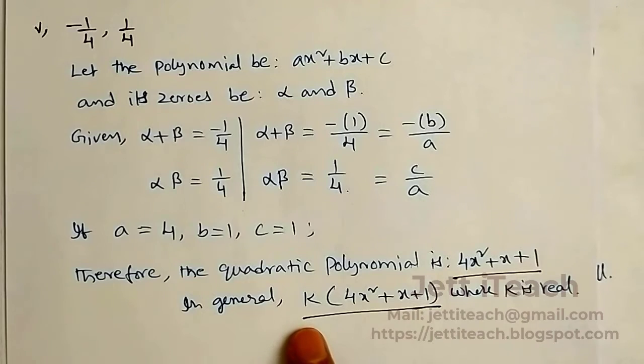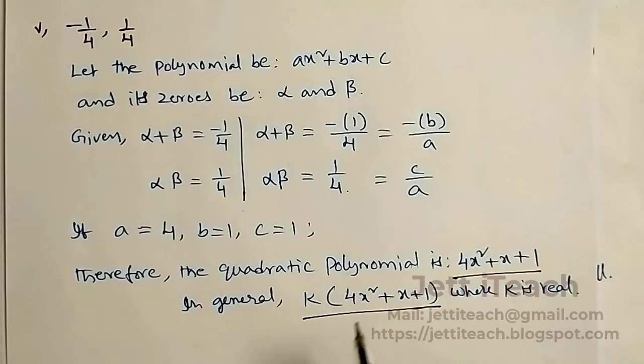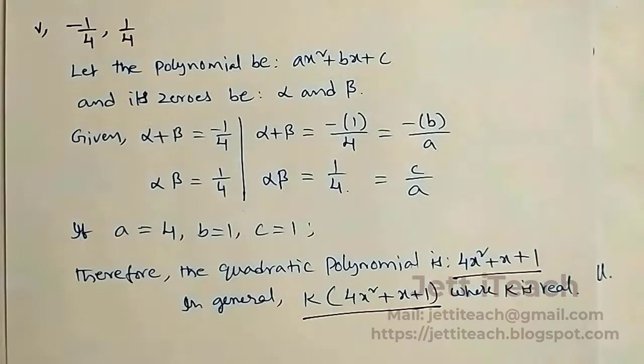The value of k can be anything, but it is a real number. If the value of k is 1, you will get this one. If the value of k is 2, you will get a different one. Even though it is a different one, the sum of roots and product of roots will be the same.